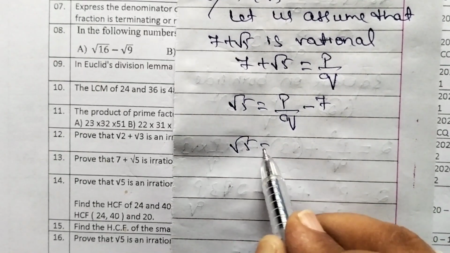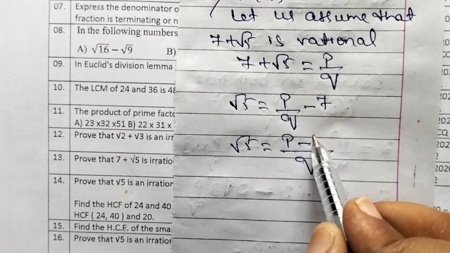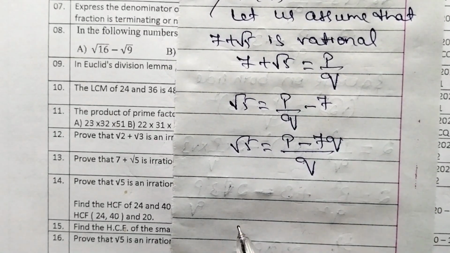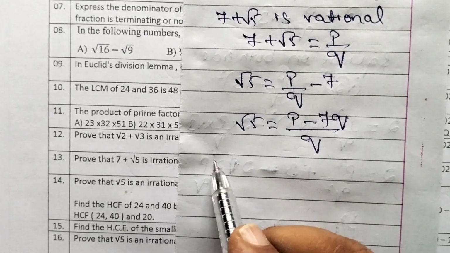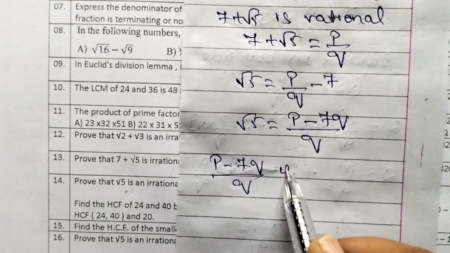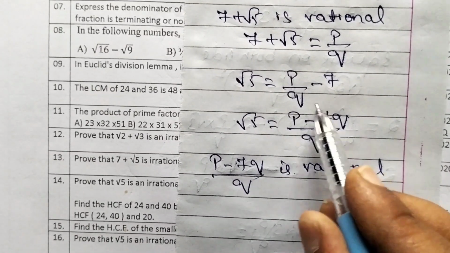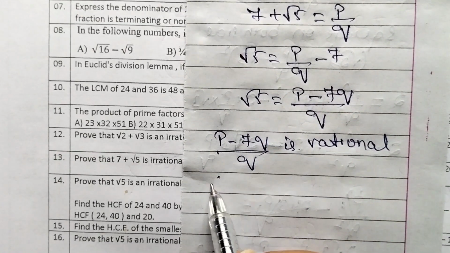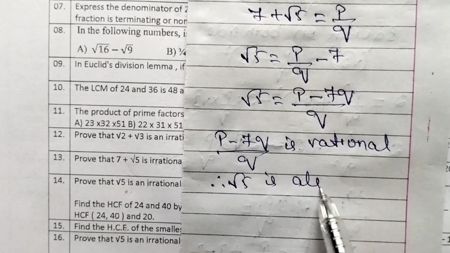So √5 is equal to, taking LCM q, (p minus 7q) by q. So (p minus 7q) by q is rational. Why is it rational? Because it is in the form of p/q. Therefore √5 is also rational.